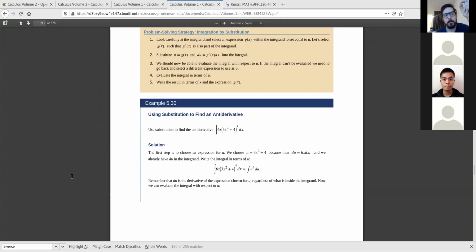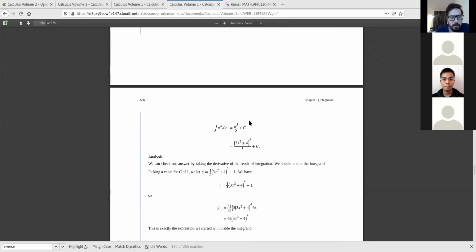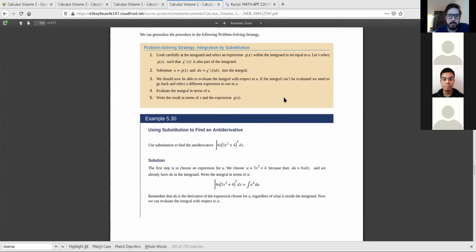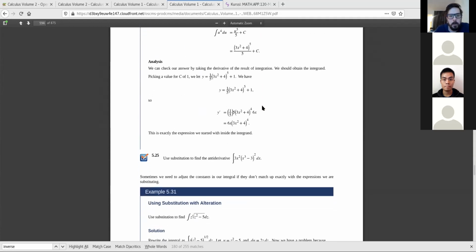So in order to change u by a teensy bit, when we change x by a teensy bit, then u changes by 6x dx. And you are at liberty to do this when you are finding this differential change, this du and dx. All right.